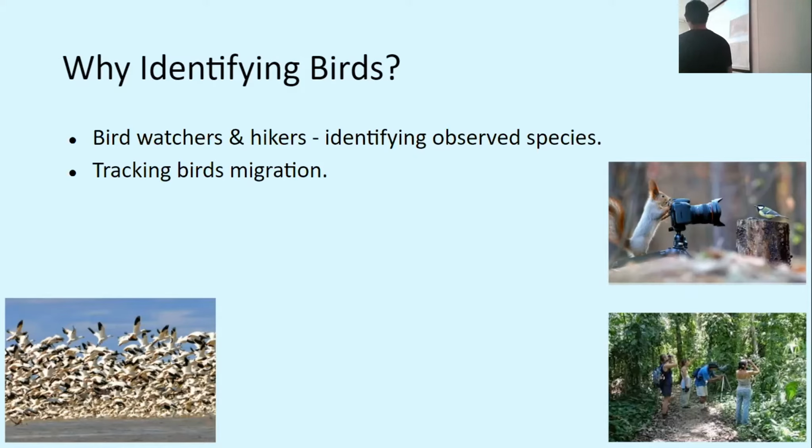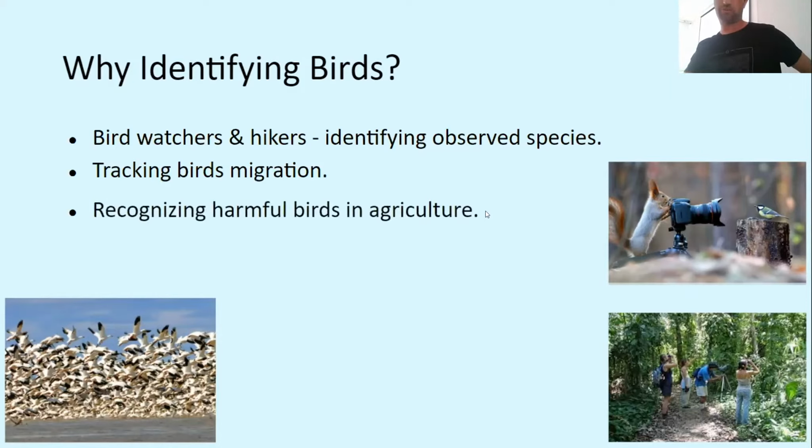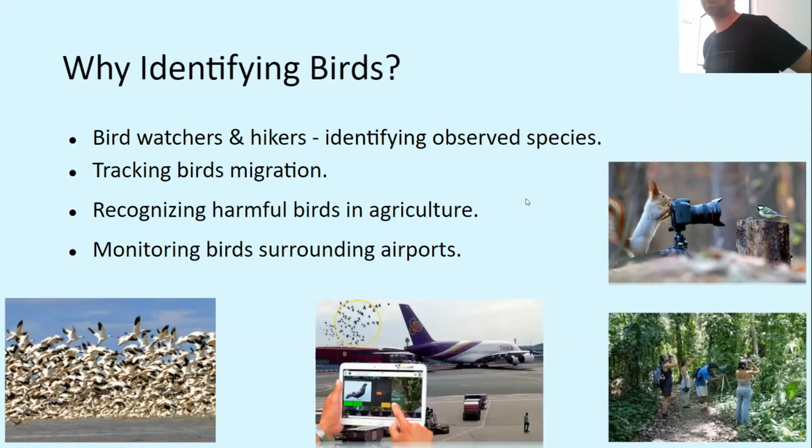Even if I got some pictures, they would not have been labeled, and it would be a bit out of scope of this project. There's also recognizing harmful birds for agriculture purposes and monitoring birds surrounding the airport that can actually harm and be quite dangerous.